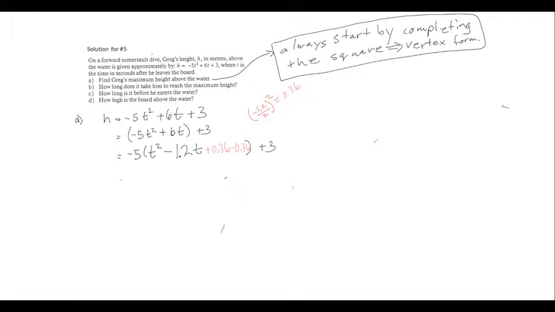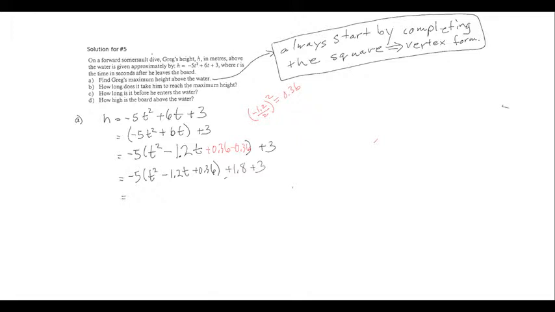Now, when we go to the next line, we create our perfect square by pulling out the minus 0.36. And we're going to make sure that we multiply the 5 times the negative 0.36 to get plus 1.8. And then we're going to add 3 to that as well.